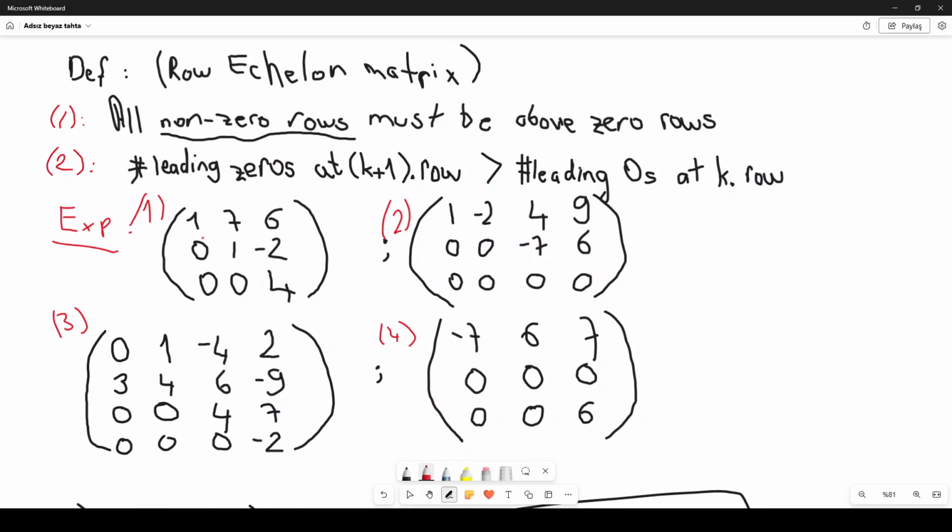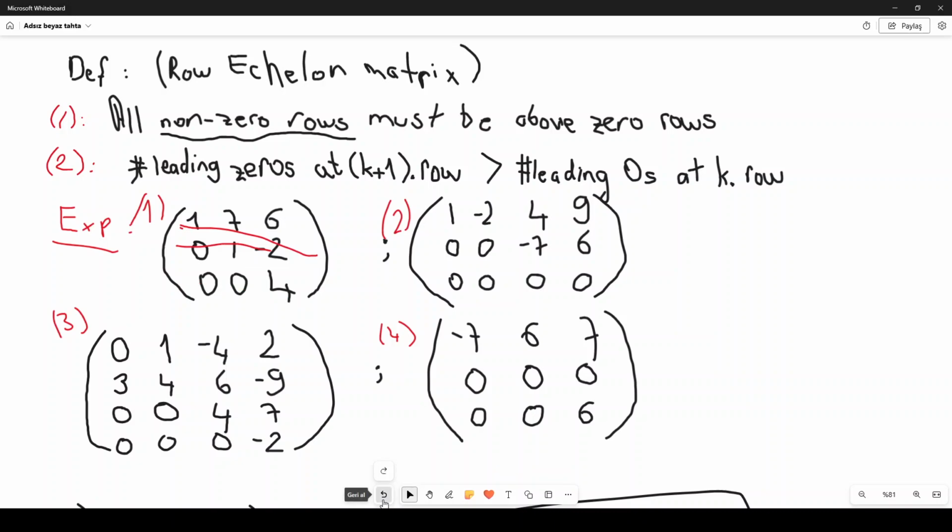Now say I'm talking about matrix 1. Is there a zero row? No, because a zero row means a row where all the entries are equal to 0, so there is no non-zero element. All the rows in the first matrix are non-zero rows, because when I read through each row separately, for instance the first row 1 7 6, the second 0 1 minus 2, and 0 0 4, there is at least one element which is not 0.